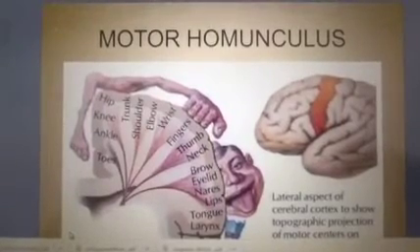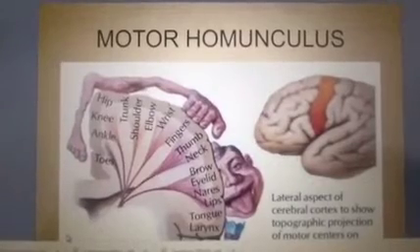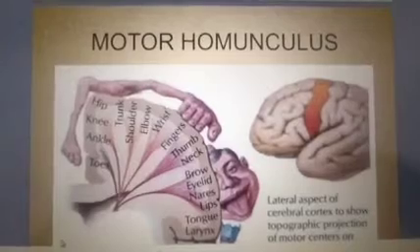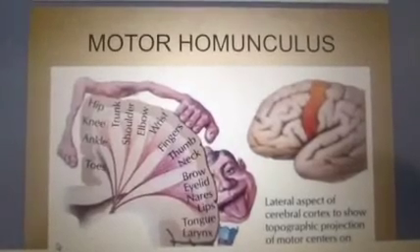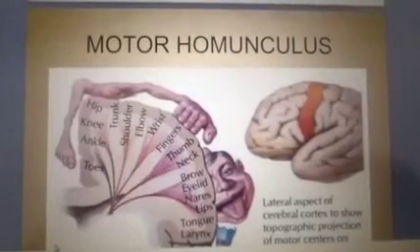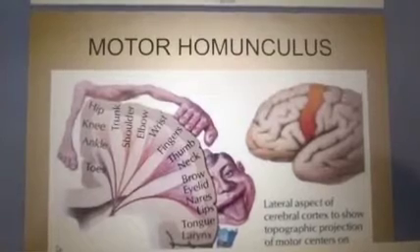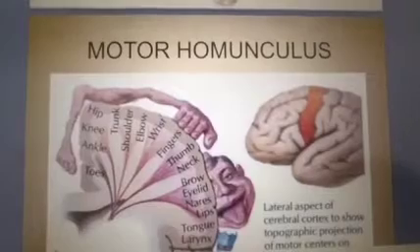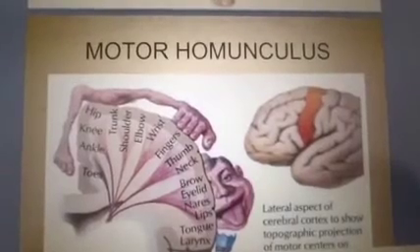There are more movements possible in the fingers and wrist compared to the hip and knee. So that's why more area is allocated for fingers, thumb and the wrist. And after that you will have the neck, brows, eyelid, nose, lips, tongue and larynx.